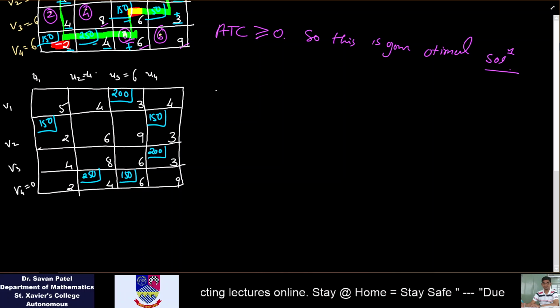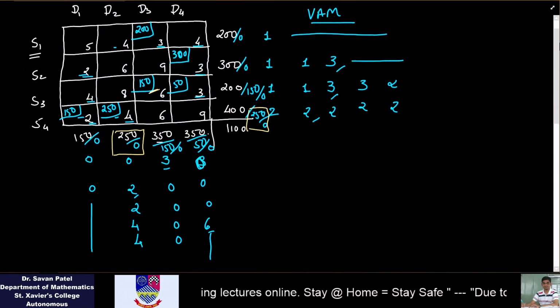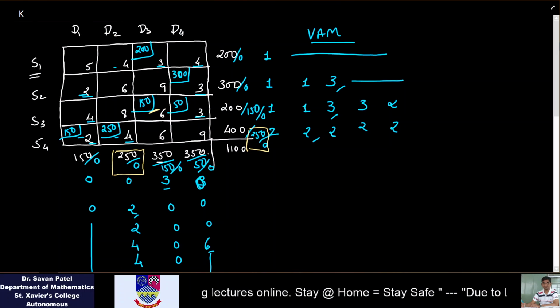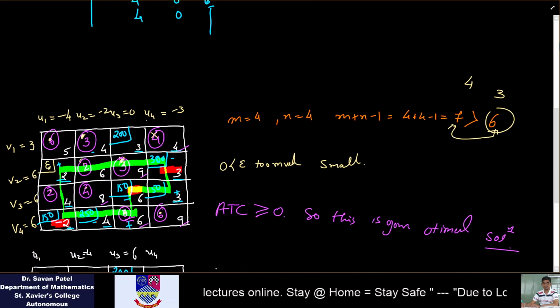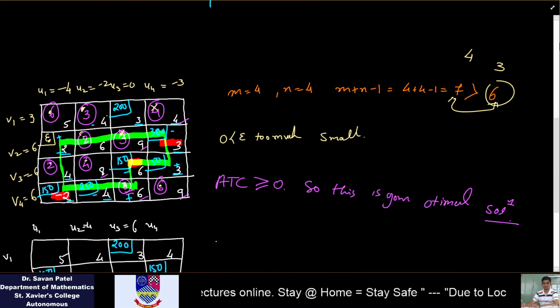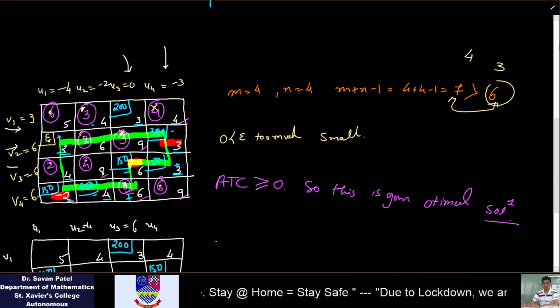So if you have observed in the previous case, while we were finding the possibilities of where the allocation is, how to find the Ui and Vj. Only this and this were previously known, and here it was this and this that were known.